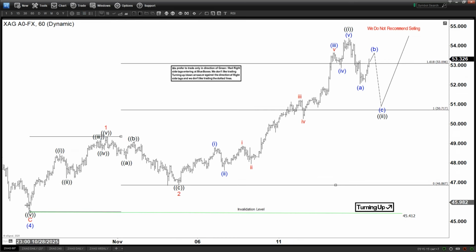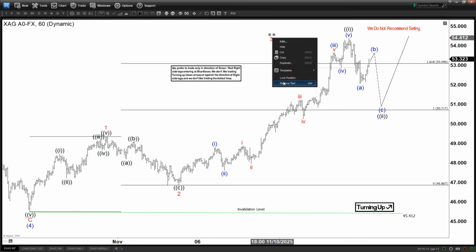So if you do the projection using Fibonacci, this is more than 1.618 here. So like I said, it can either be 1 2 1 2, which is a more bullish view, or it could be 1 2 and then you label this 3. Either way you label it, it needs another leg up, most likely. Nothing is 100%, but most likely it needs another leg up.